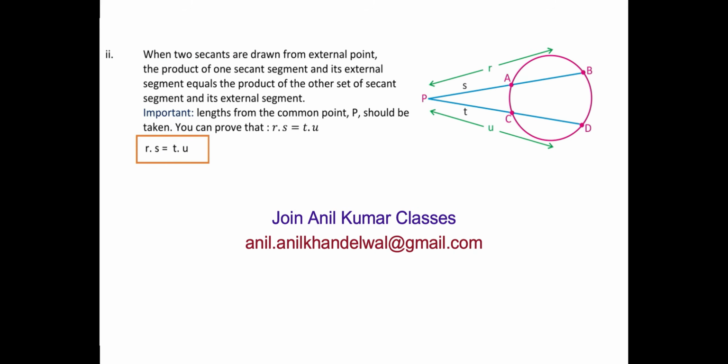One variation is that we could have chords which do not intersect internally, but have an external point where they intersect, as shown here. When two secants are drawn from an external point, the product of one secant segment and its external segment equals the product of the other secant segment and its external segment.